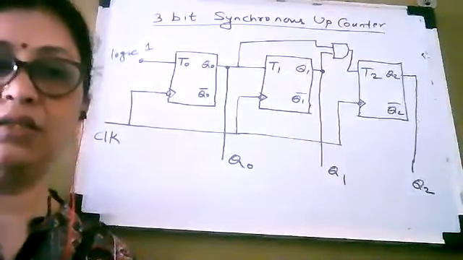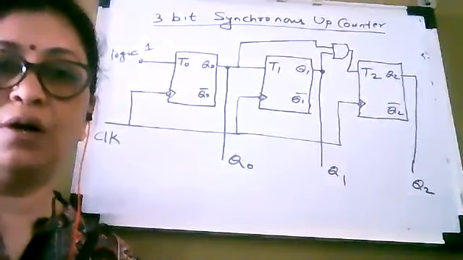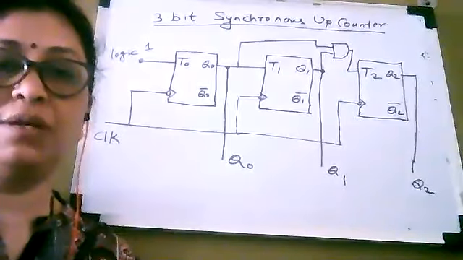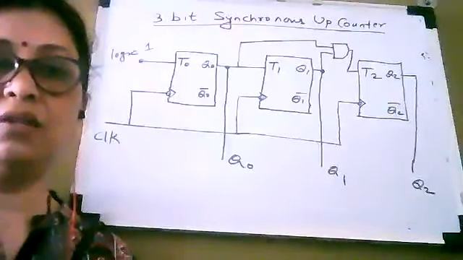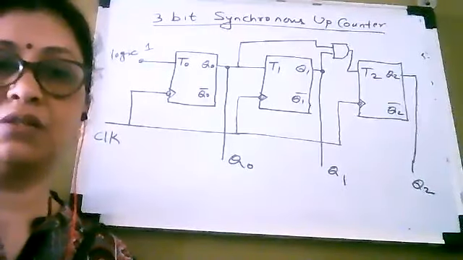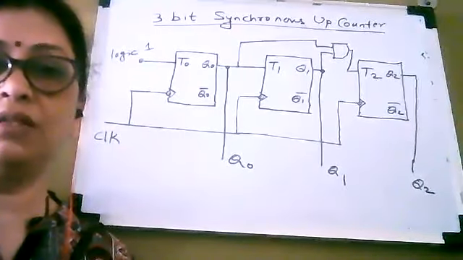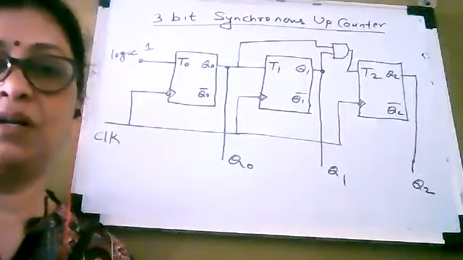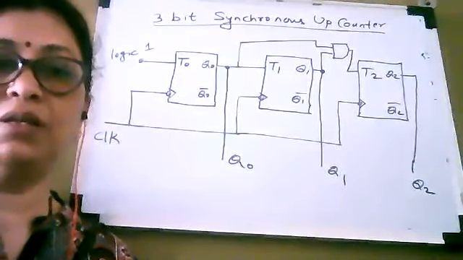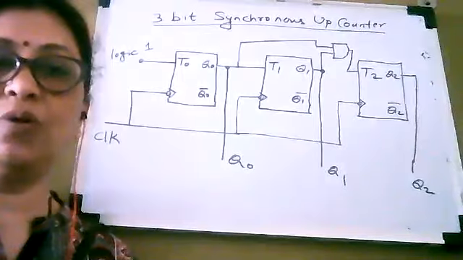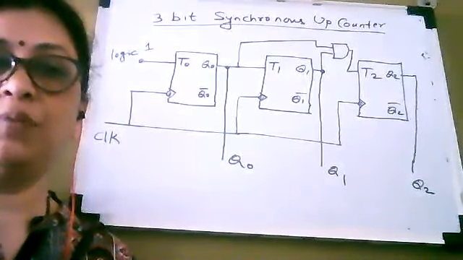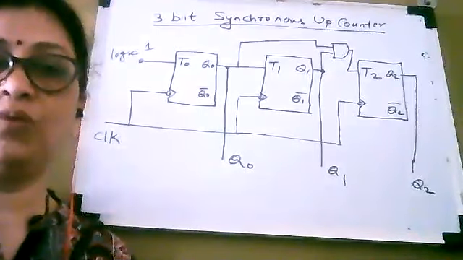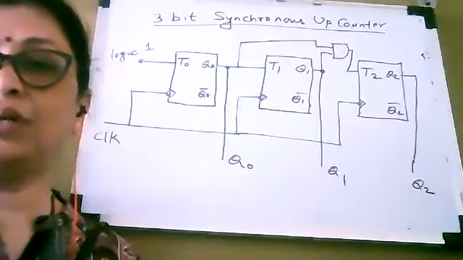Let us see the working of this 3-bit synchronous up counter. The difference in the connections, which I have earlier discussed with you, is that the clock signals of all 3 flip-flops are connected together and applied to a single clock source. The input of the first flip-flop is connected to logic 1.